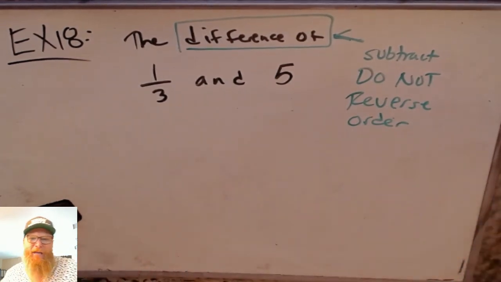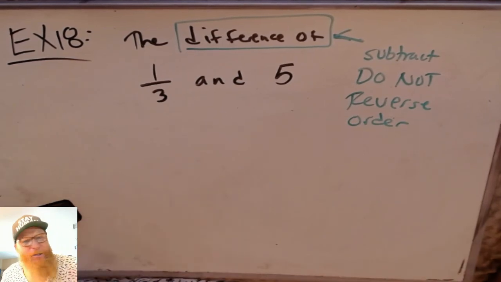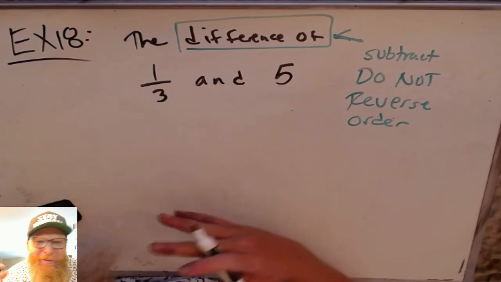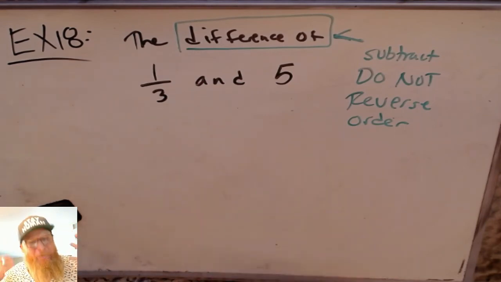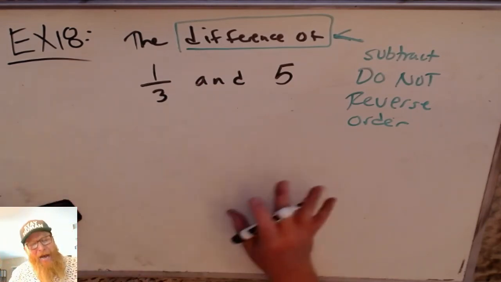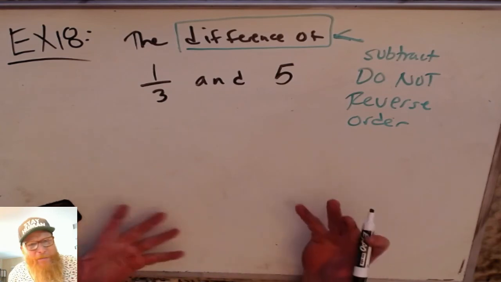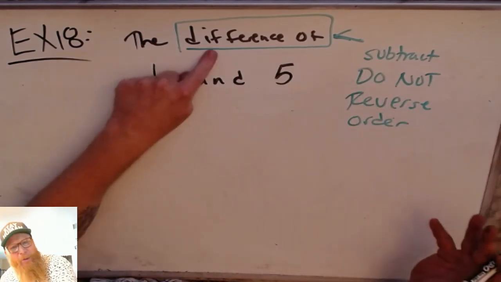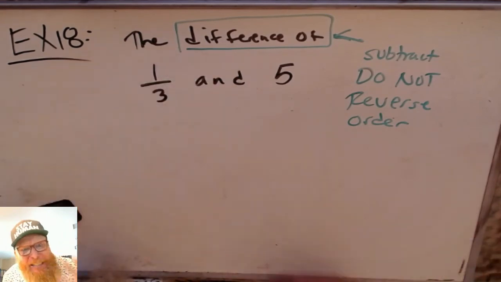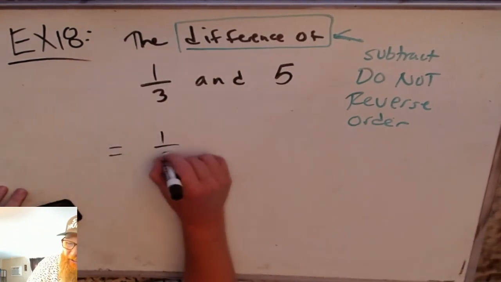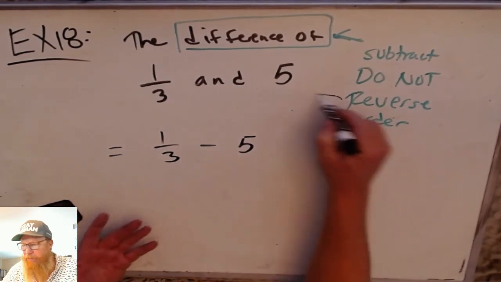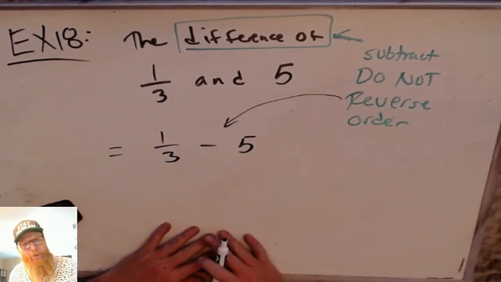I know, we math people and the English language and math get together and they conspire to come up with all these word problems that really make you think about how you are interpreting not only math, but how you're interpreting the language of mathematics. So the word difference is taken literally. So it literally translates into 1/3 minus 5. So do not reverse the order. Keep it in the same order.